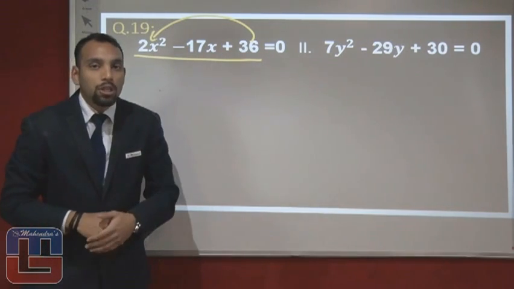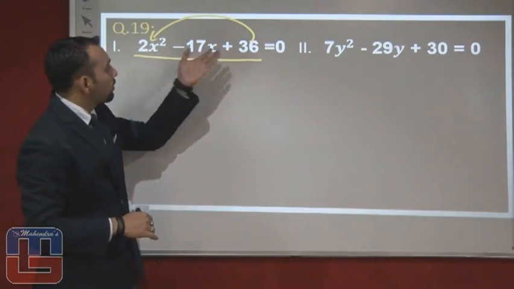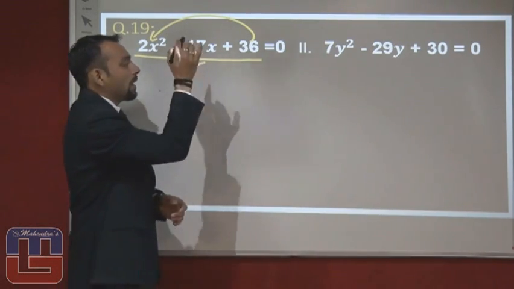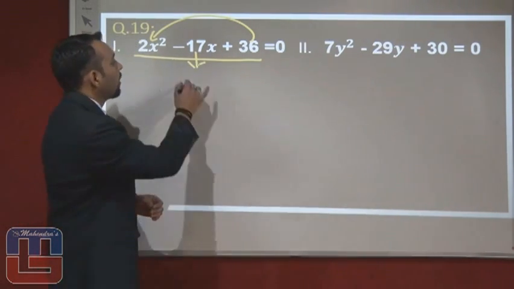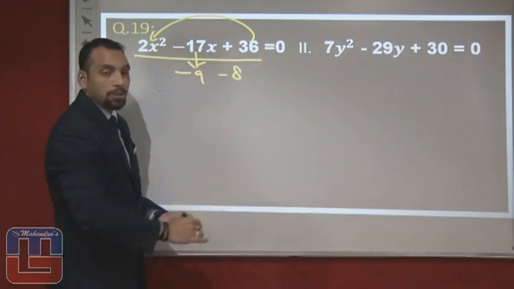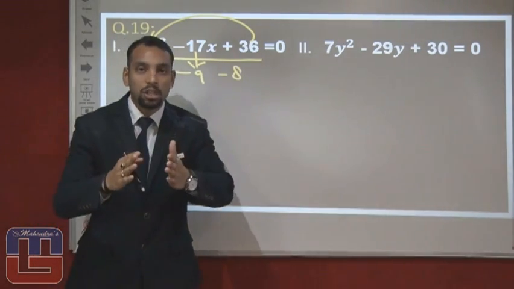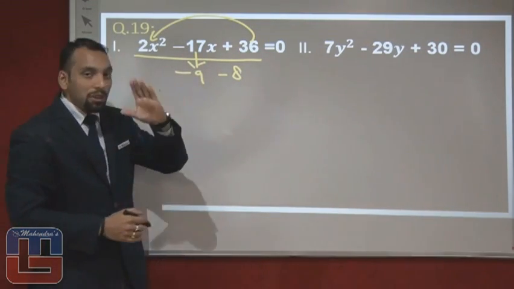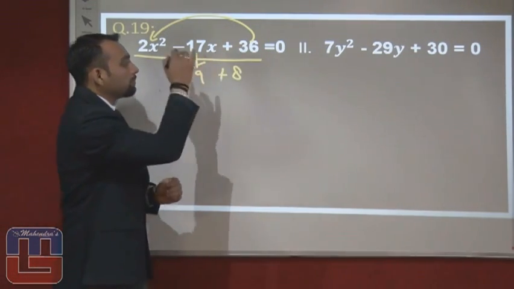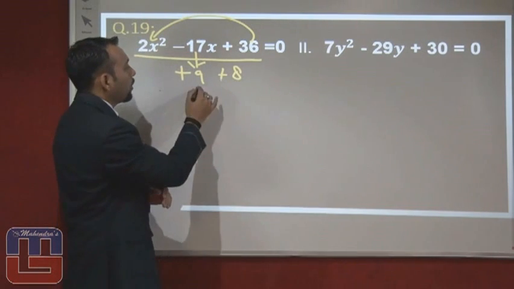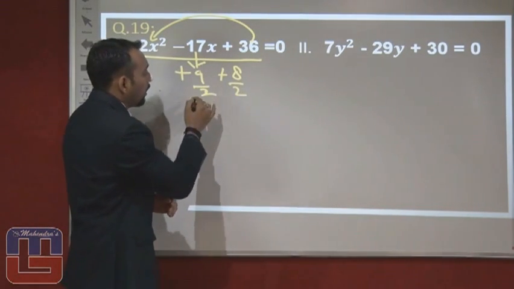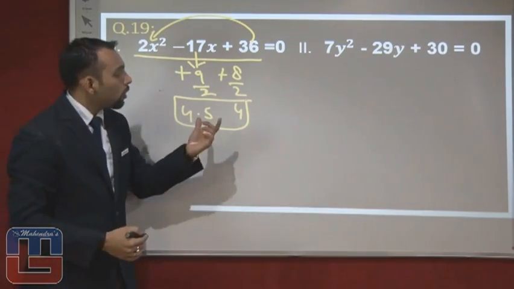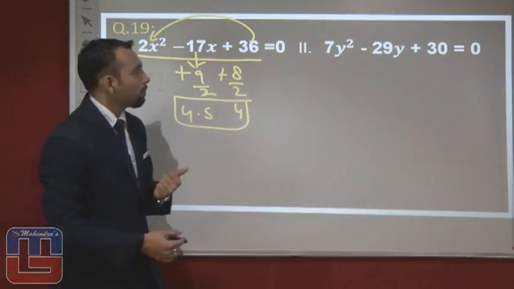Now find the two numbers whose multiplication is 72 and addition is minus 17. So here we get two numbers, minus 9 and minus 8. Multiplication will be plus 72 and addition will be minus 17. Now the sign will be changed, both will become positive and we have to divide by 2 as well. Here we will get 4.5, here we will get 4. So the values of x are 4.5 and 4.